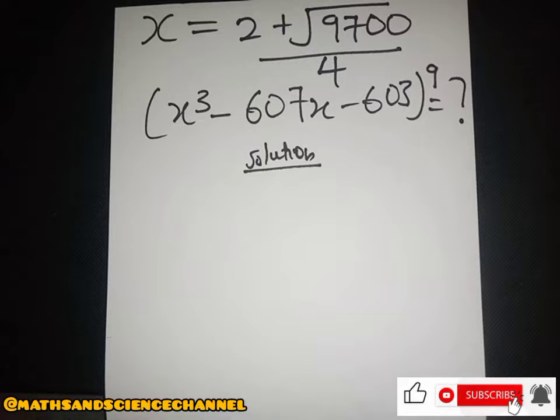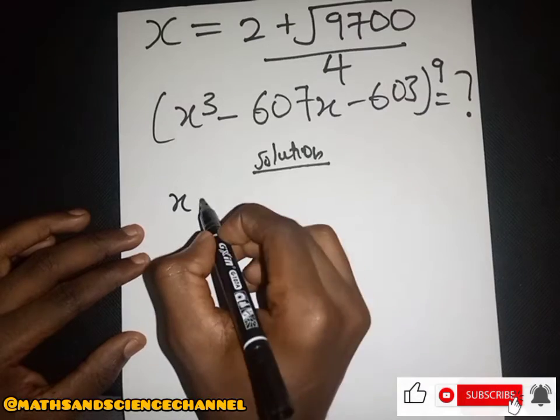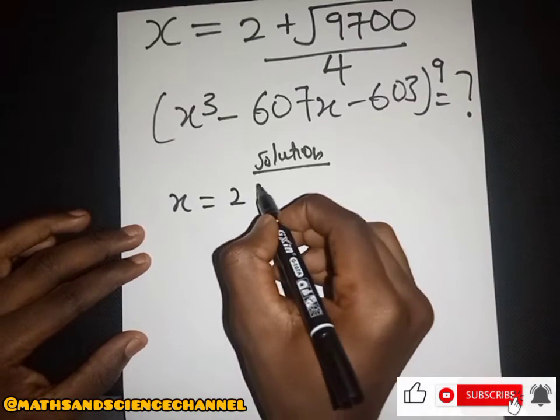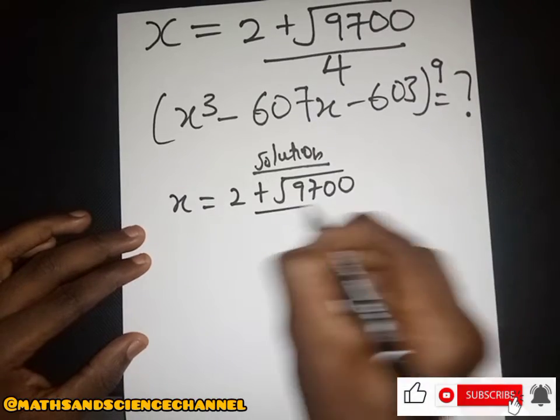So basically what we are going to do is, since we are looking for the second part, which is the x cubed part, we are going to use the first equation to solve, and then whatever equation we have, we substitute it into the second part, right? So basically this is what we are going to do. At the first part we have x equal to (2 plus square root of 9700) divided by 4.